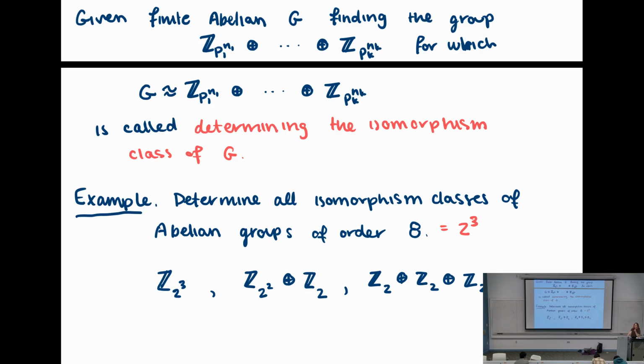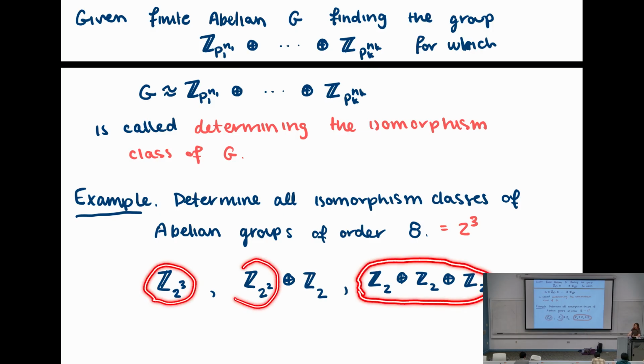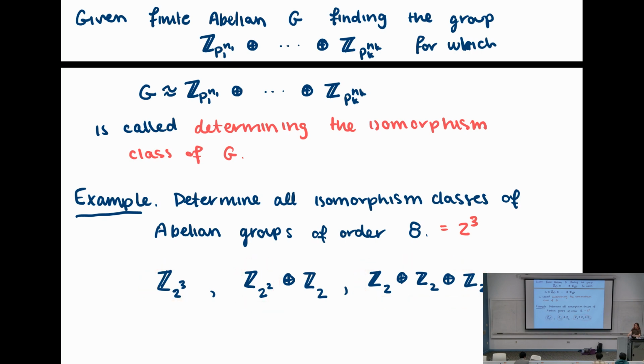You could just start computing orders of elements. If you find that all of the elements have order 2, then you have to be in this one, right? Because this is going to have an element of order 8 and this is going to have at least one of order 4. If you find an element of order 8, you know that you have to be this group. And if neither of those is satisfied, then you have to be this one.